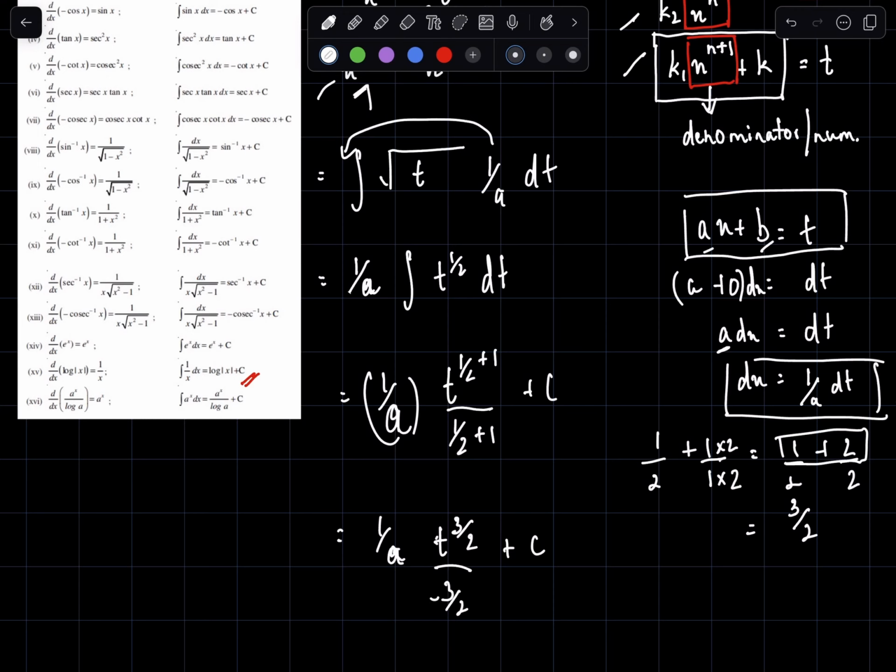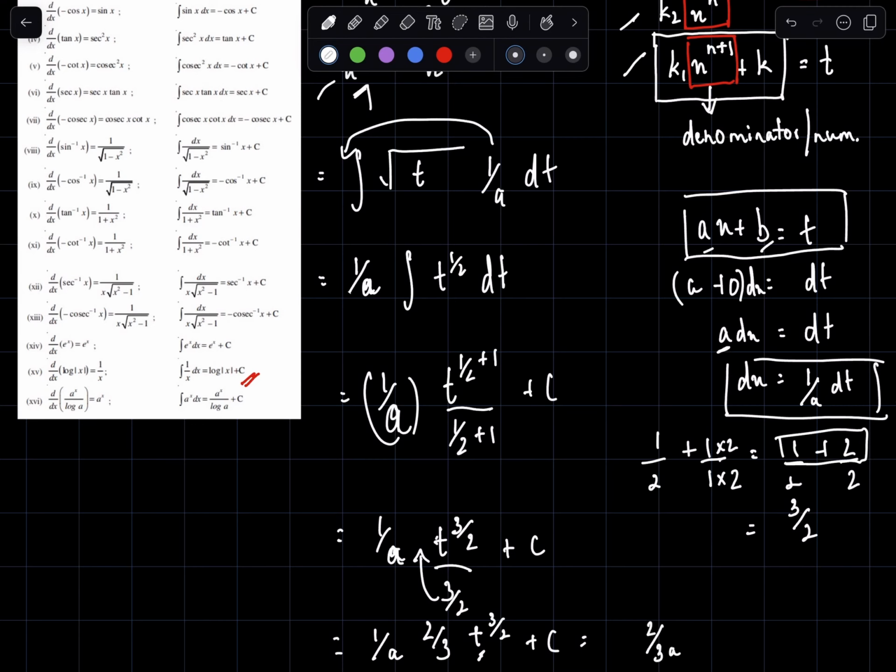Now if I want to bring this to the numerator, I have to invert it. 3 by 2 becomes 2 by 3, which is equal to 1 by a times 2 by 3 times t raised to the power 3 by 2 plus c, which I like to write as 2 by 3a.